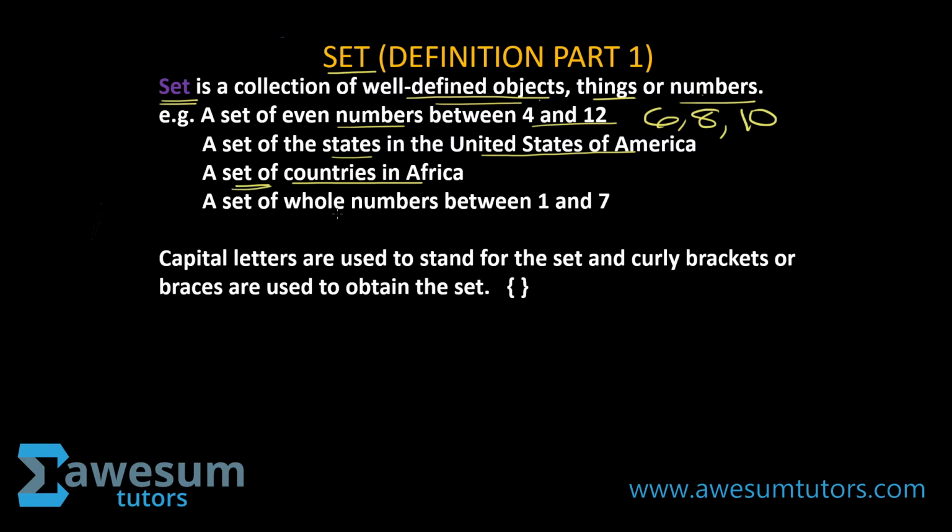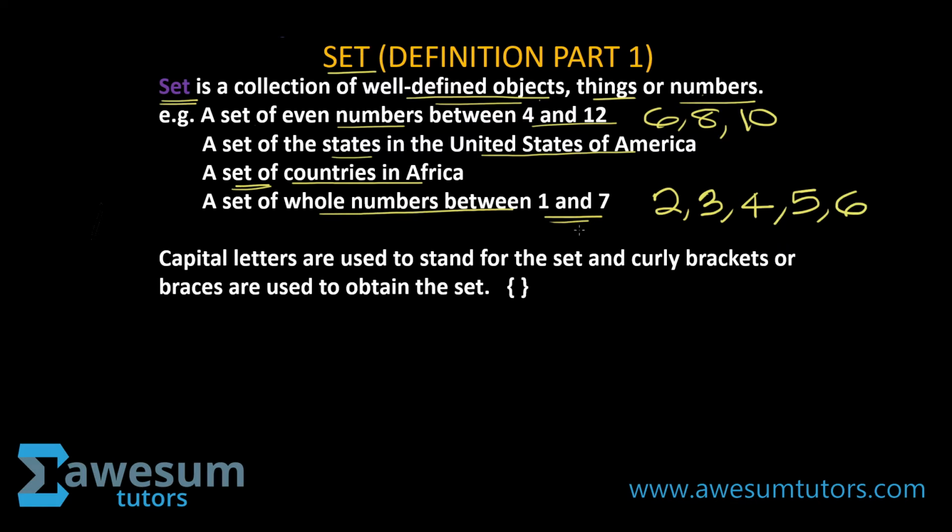Another example is when you say a set of whole numbers between 1 and 7. Because you say between 1 and 7, the numbers are going to be 2, 3, 4, 5, and 6.